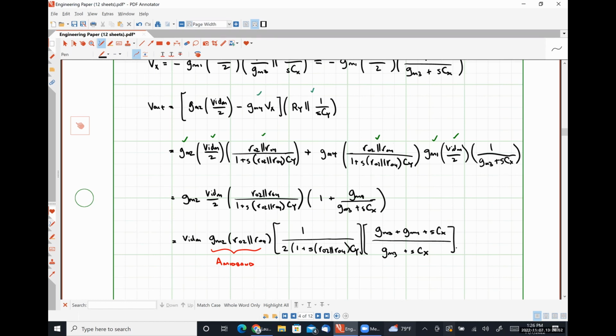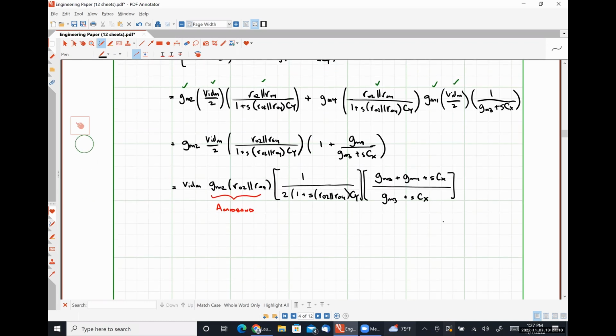My transfer function would then be V out divided by VIDM, which is just everything to the right of VIDM. So I have it in the form mid-band gain multiplied by polynomials in S.